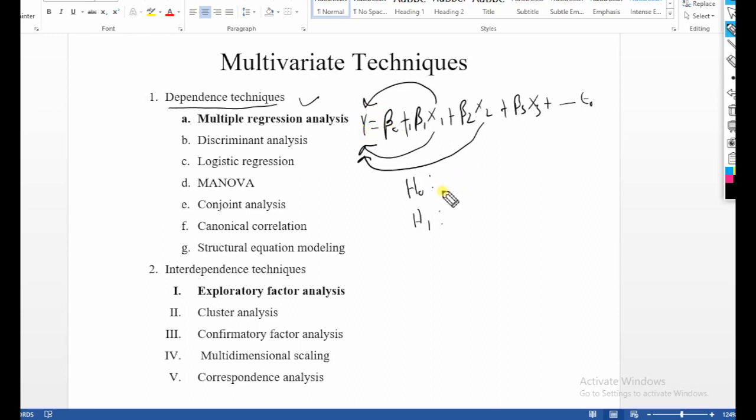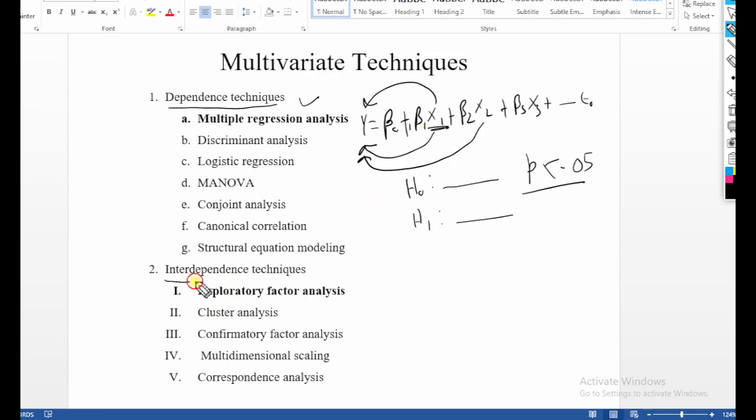The null hypothesis means there is no relationship between x1 and y, and the alternate hypothesis means there is a significant relationship between x1 and y. The p value decides: if the p value is less than 0.05, this independent variable significantly contributes to the dependent variable.